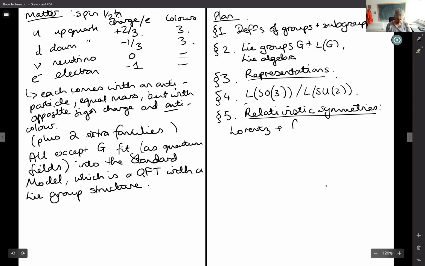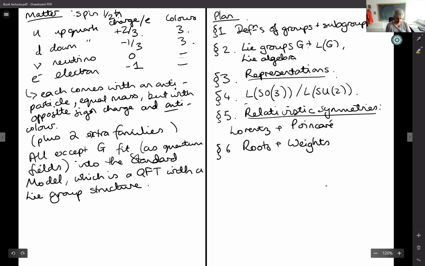And Poincare symmetry, which is when you take Lorentz symmetries and you add translations in time and space. So you're saying the laws of physics shouldn't depend on when you do your experiment or where you do it. And Lorentz symmetry tells you it shouldn't depend upon, you know, the angle of your experiment, for instance.